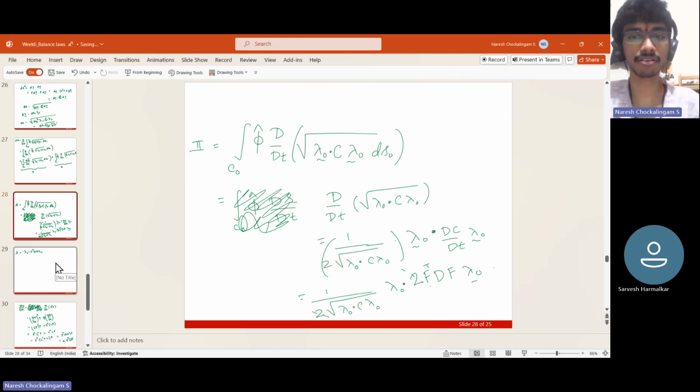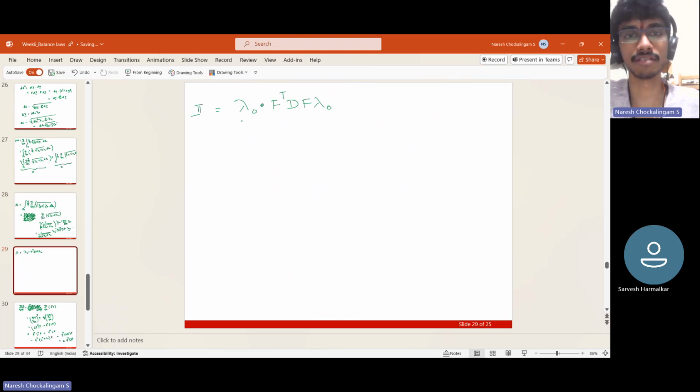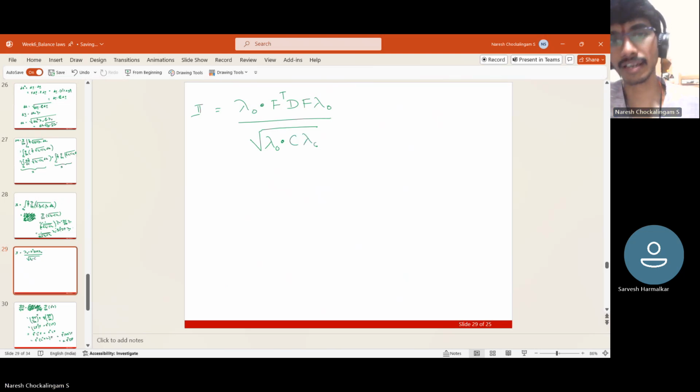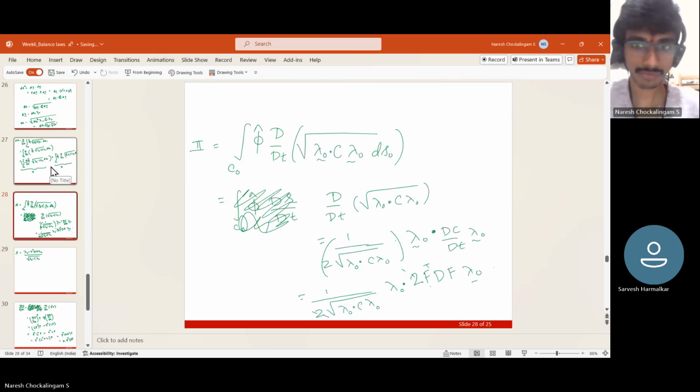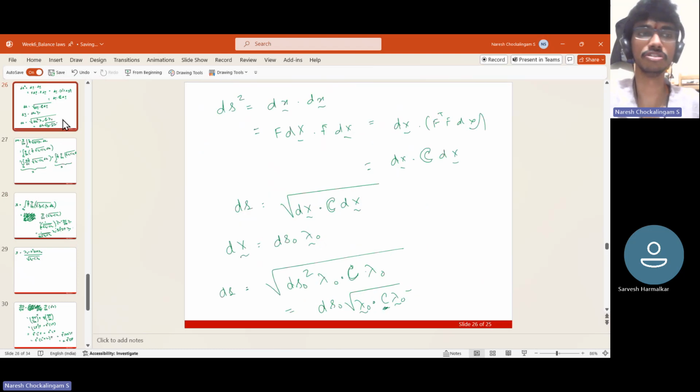Divided by the square root of lambda naught dot C lambda naught. We're getting close to the solution.